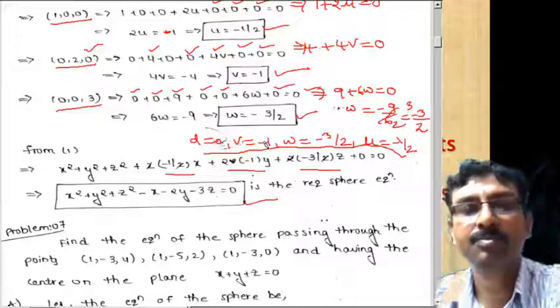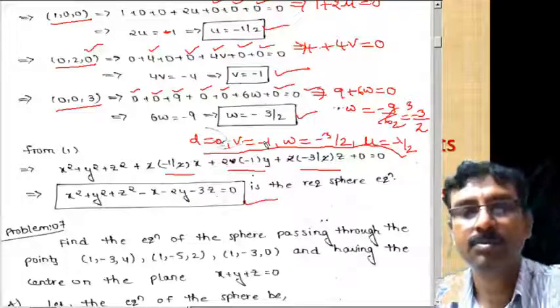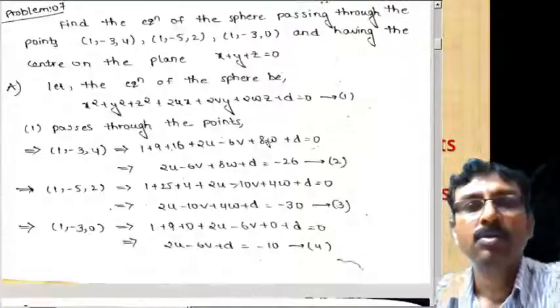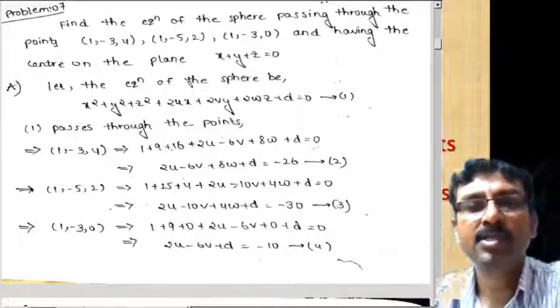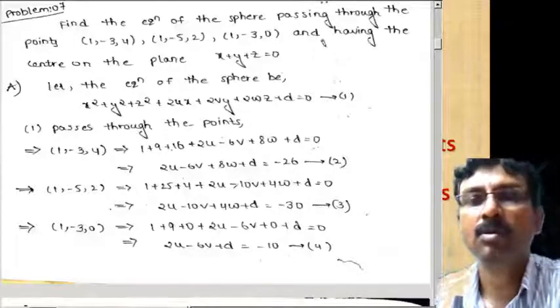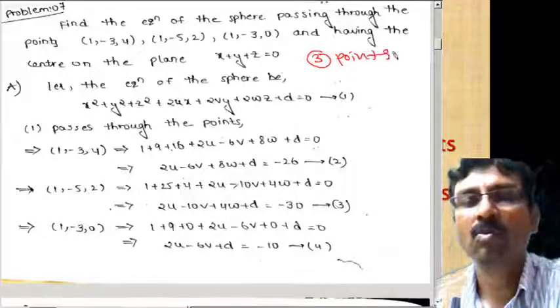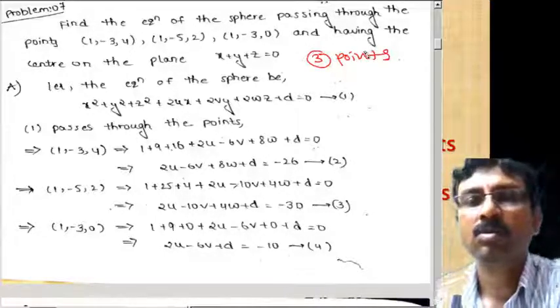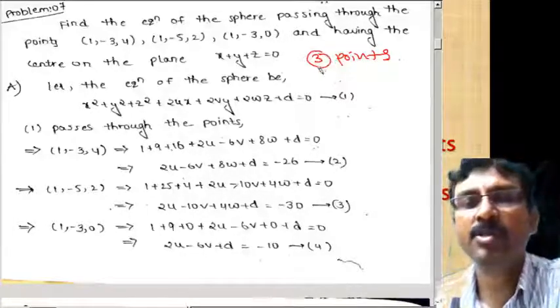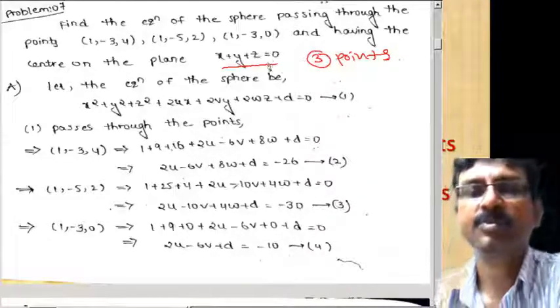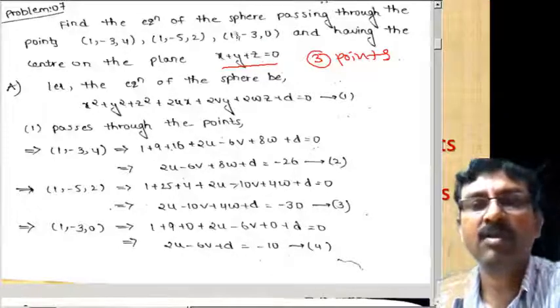Okay. So next, this is a problem which is not similar to the previous two. Here we are given 3 points, the sphere passes through the 3 points, and the center of the sphere lies on a plane. So here four conditions are given.